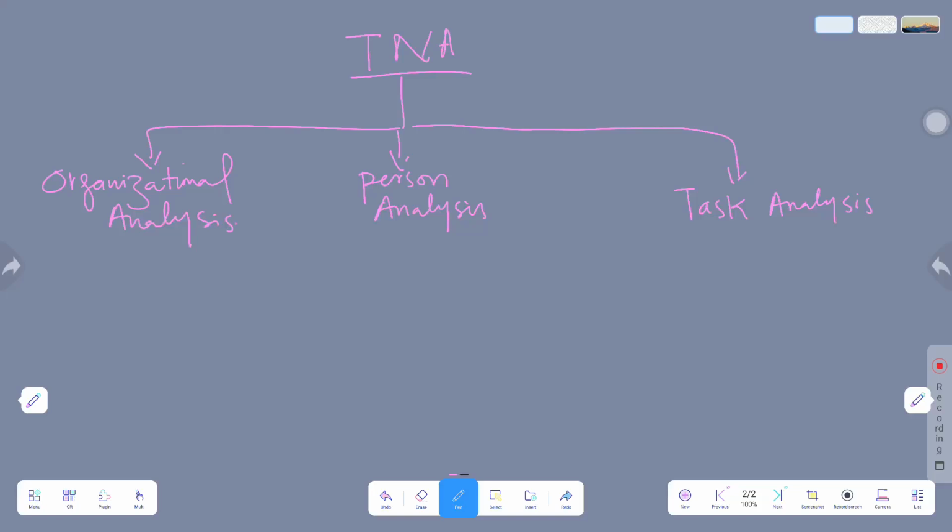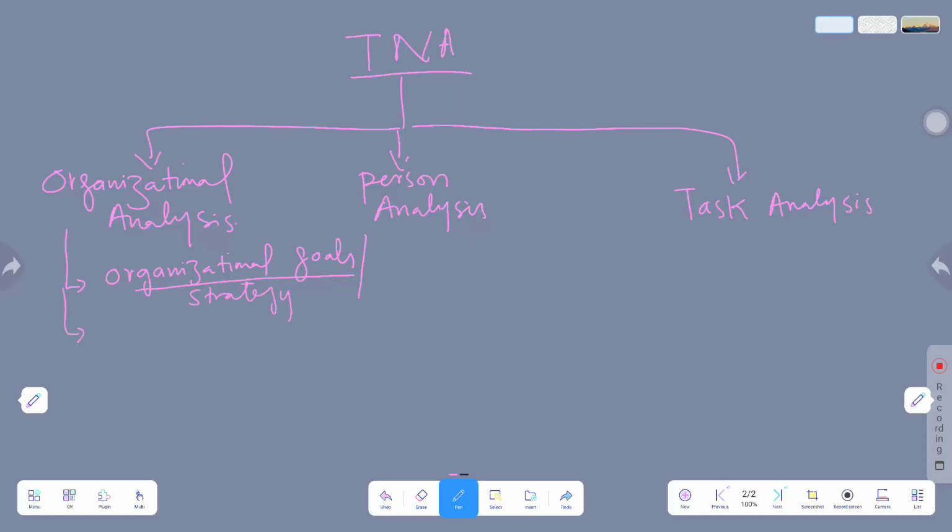So number one, the organization analysis, consists of certain activities. We conduct an assessment of organizational goals, or we can say organization strategy.